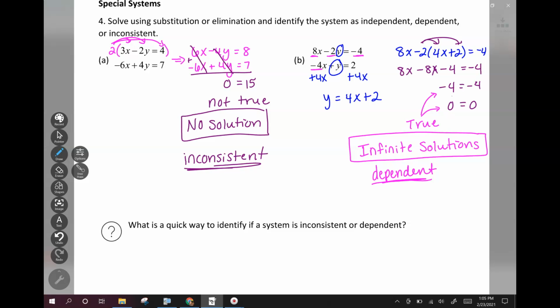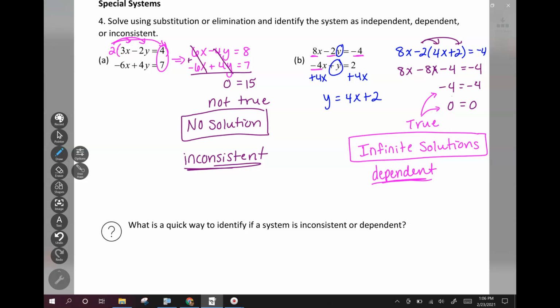Because if I multiply one of them to get the other one, then they're just the same line. However, if you notice that they're almost multiples of each other, but the constant on the other side right here on A, the 4 and the 7, does not apply.